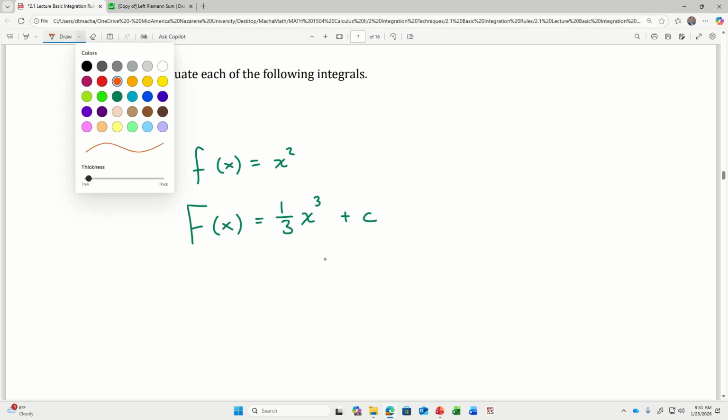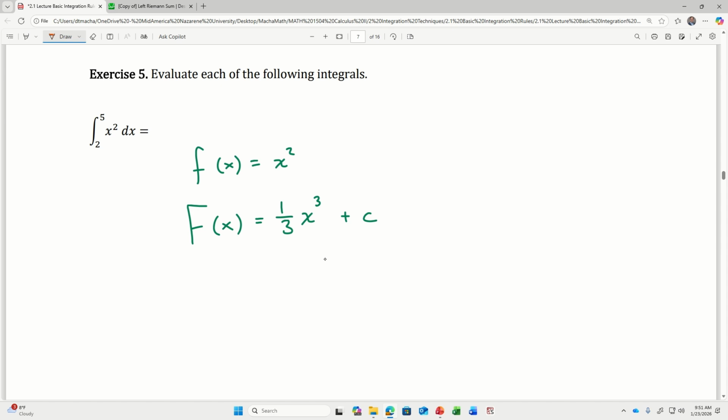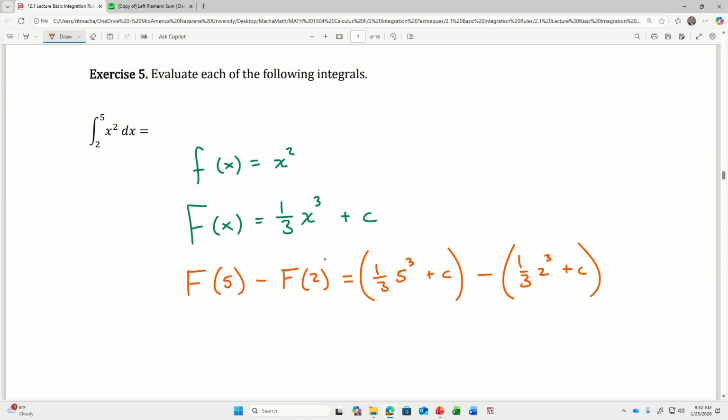But what we're going to see is if you have a definite integral, one that has its bounds defined like this, then the constant's not going to matter. Because if I plug in my upper bound and I plug in my lower bound and subtract, what I get is 1/3 5 cubed plus c minus 1/3 2 cubed plus c, and the c's are going to cancel.